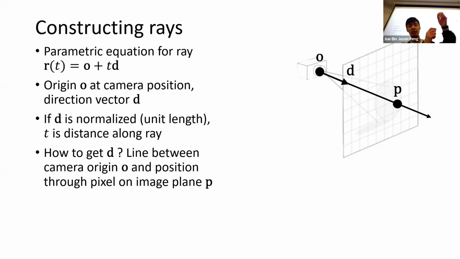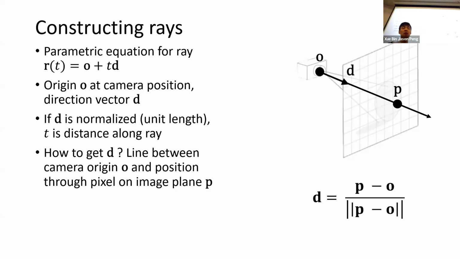The ray is a line that connects the origin and passes through the pixel P, which means that we can determine the direction of the ray by looking at the difference between the origin and the position of the pixel. So the direction vector can be determined by computing the difference between the position of the pixel P and the position of the camera, the origin O.